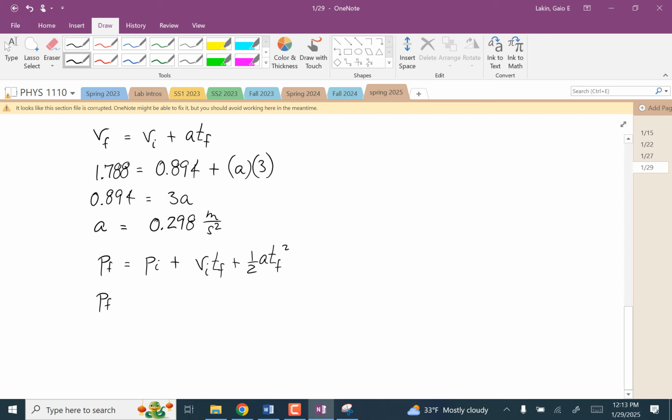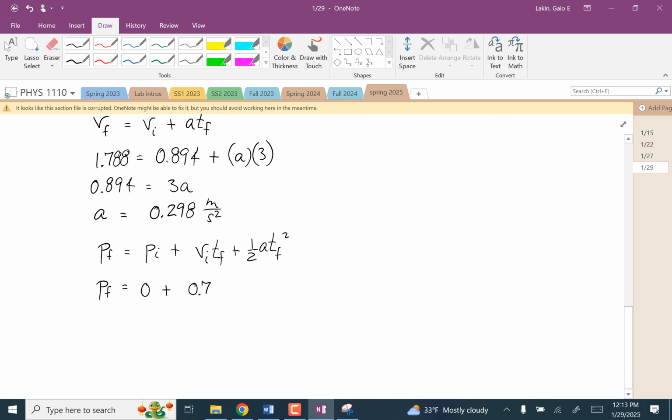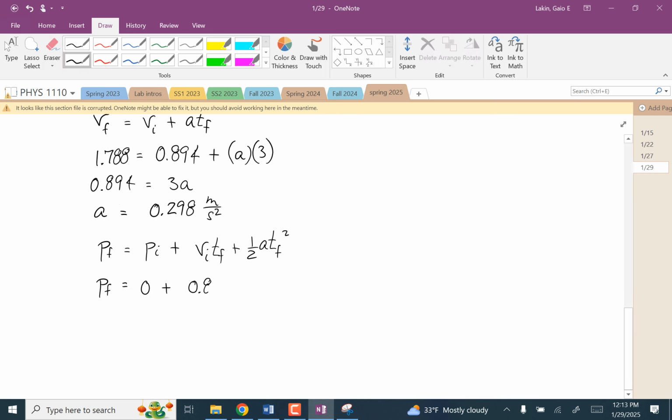Okay, so P final is equal to 0 plus 0.894 times 3 plus 1/2 times 0.298 times 3 squared. And so P final, I get 4.02 meters.